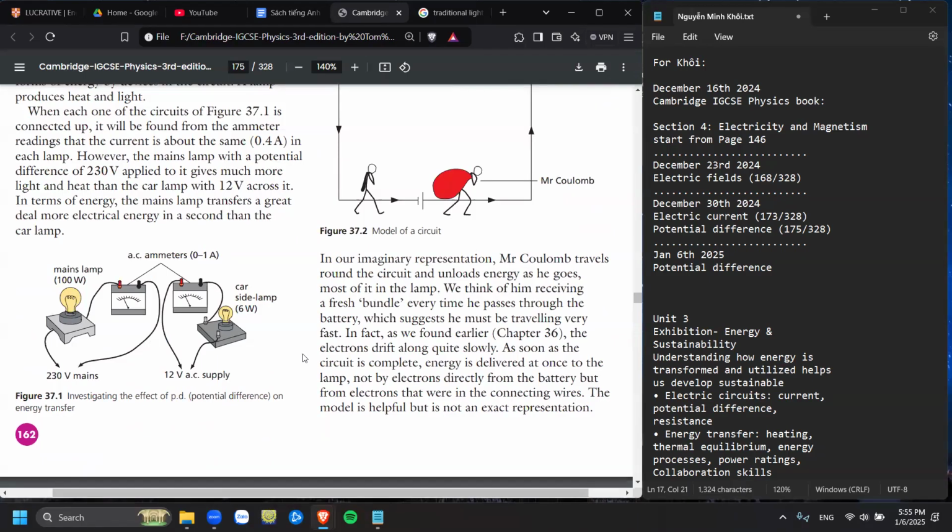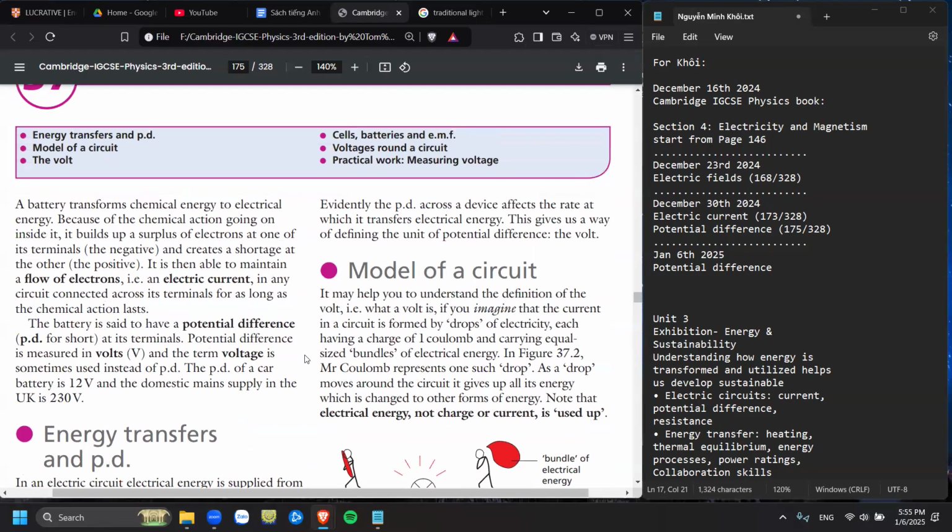It is. A 100-watt lamp will eat up a lot more electricity in a second compared to a 6-watt lamp. The same thing happens to all the other devices you have, and that's the rate at which it transfers electrical energy in any device. This gives us a way of defining the unit of potential difference, the volt.